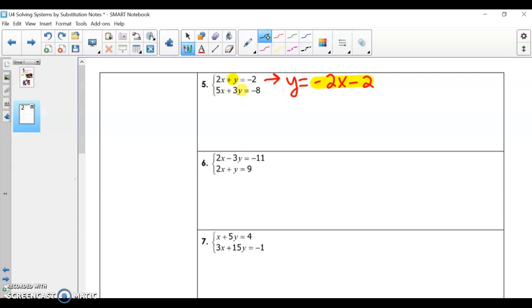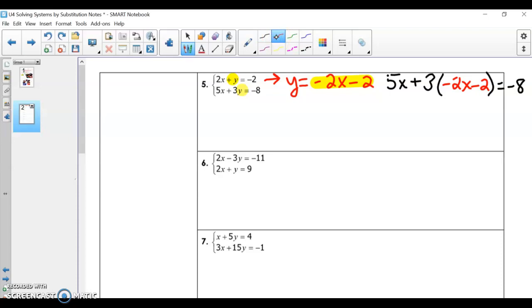So in this case, you have 5x plus 3, and I'm going to replace the y with that -2x minus 2. And then I'm just going to finish it off equals -8, okay? And then now you just need to solve it, okay?